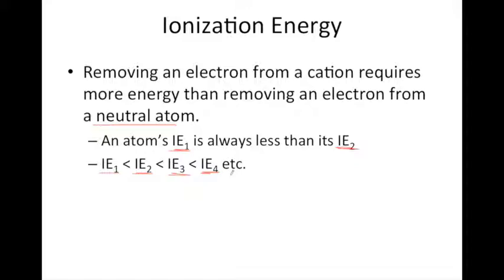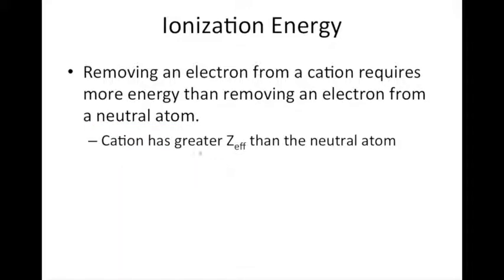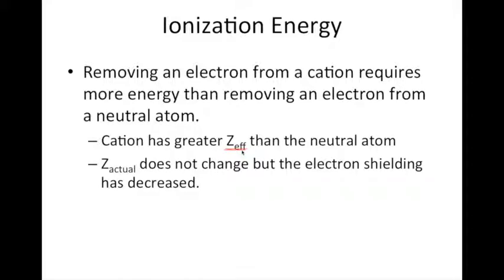So why is that? Why does it require more energy to remove the electron from a cation than a neutral atom? Well, of course, a cation for an atom has a greater effective nuclear charge when compared to the neutral atom. If we pull an electron off of an atom, we haven't changed the protons, so the actual nuclear charge remains the same.